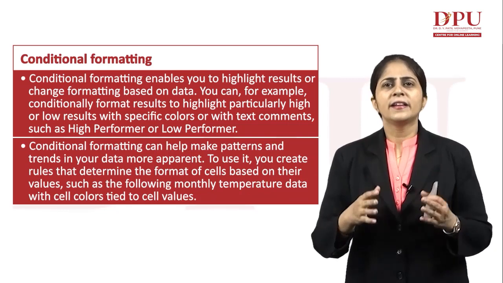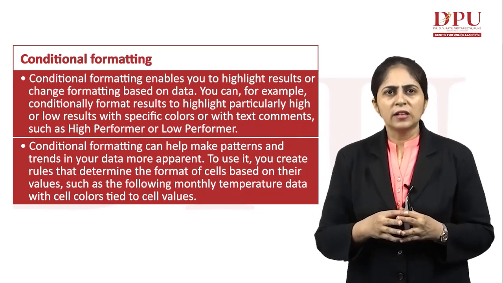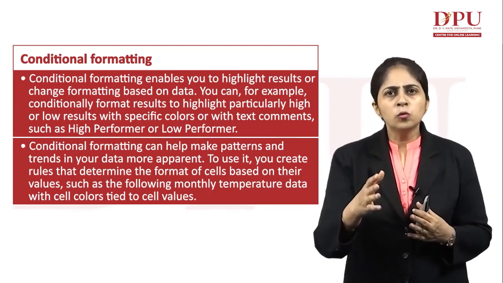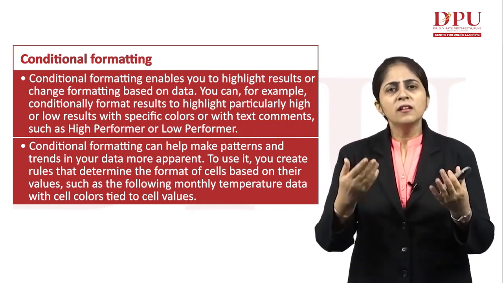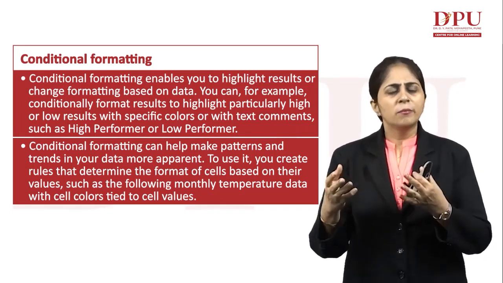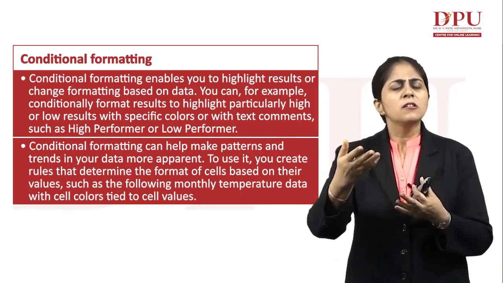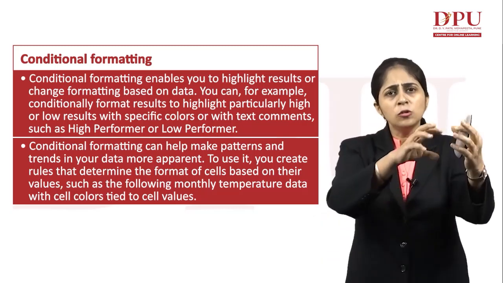Conditional formatting can help make the patterns and trends in your data more apparent. To see it, you create rules that determine the format of cells based on their values, such as the following monthly temperature data with colors applied to the cell values. That means colors tied to these values.